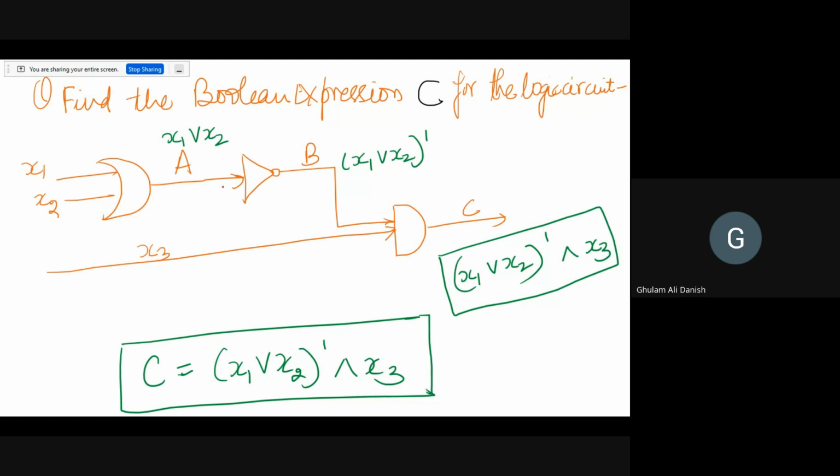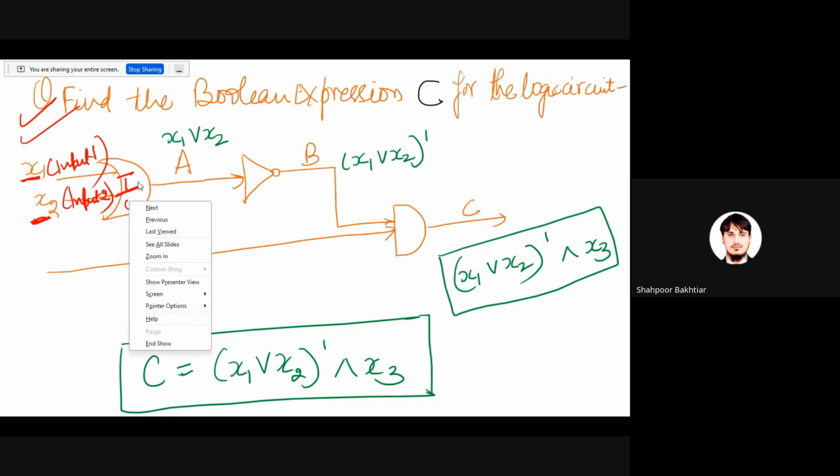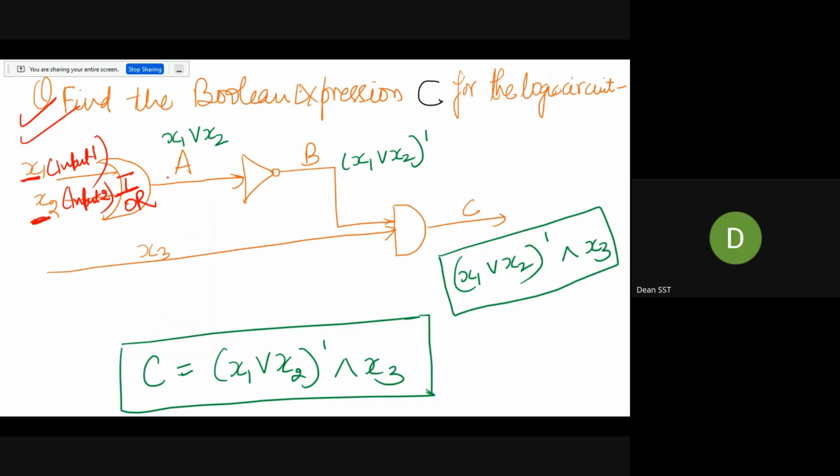Next question. See here, this is gate number 1. Input 1 is X1, input 2 is X2. Which type of gate is this? OR gate. So what is the output? X1 OR X2.